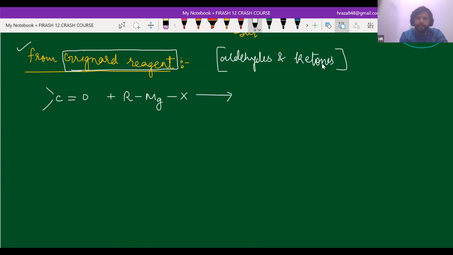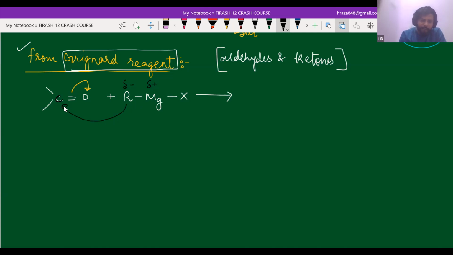So what happens here? As you know, oxygen is more electronegative, so it will take electrons from carbon, right? And as you also know, magnesium is an electropositive metal, so it will have delta positive and this will have delta negative. Yes or no? And since carbon is giving electrons to oxygen, it will have a deficiency of electrons, so it will attack here.